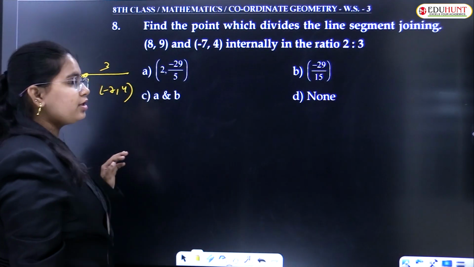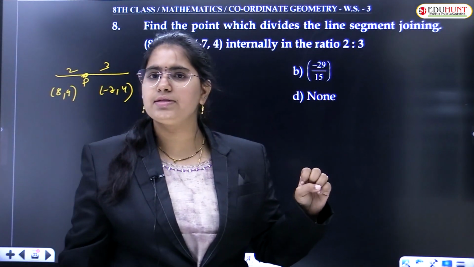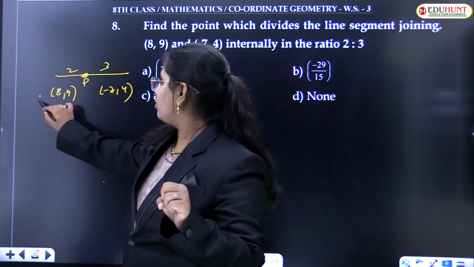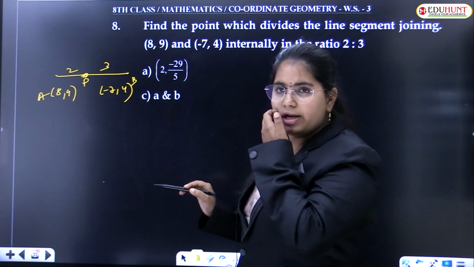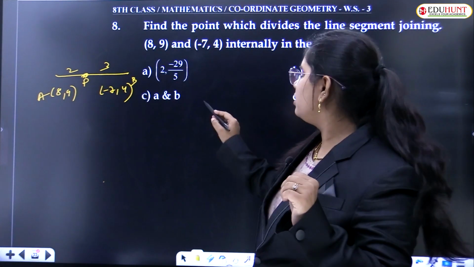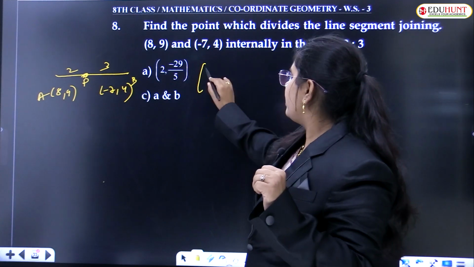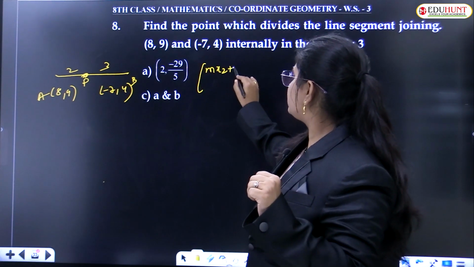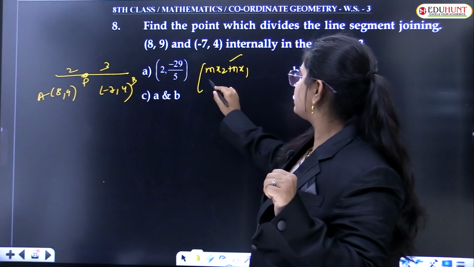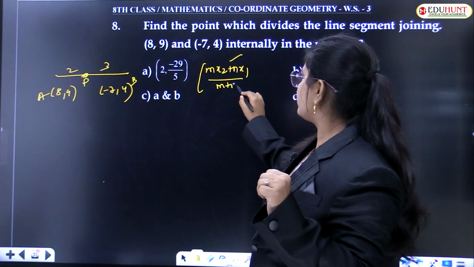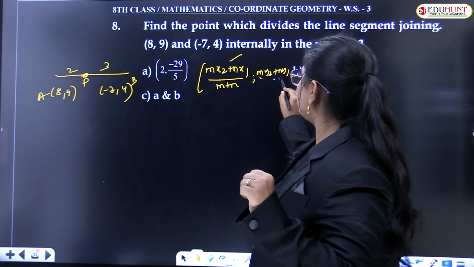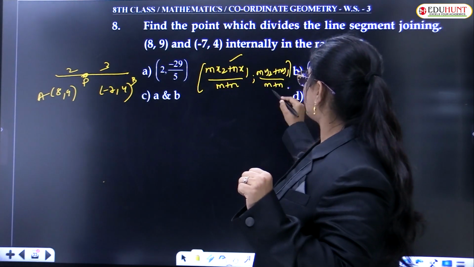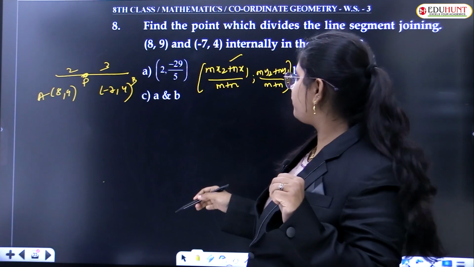If a point P divides the line segment AB internally in the ratio m:n, then we have a formula. Since it is internal, we use plus: (mx2 plus nx1) by (m plus n), (my2 plus ny1) by (m plus n). Correct. So what do I get from here?